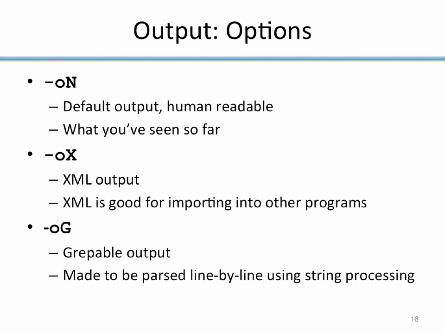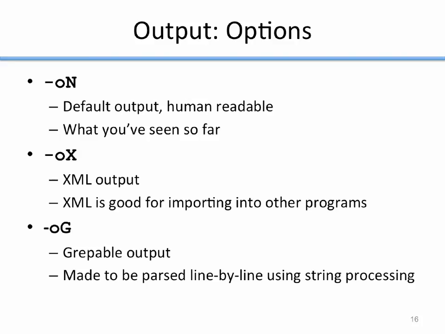G stands for greppable output. grep is a command line program on Unix that's used to kind of parse through strings. And so greppable output puts all of your useful information about a host on single lines, and it separates it strategically using good separator characters so that you can do string processing in order to quickly get the results.